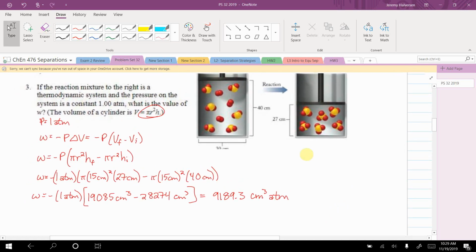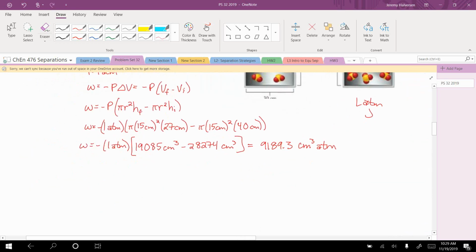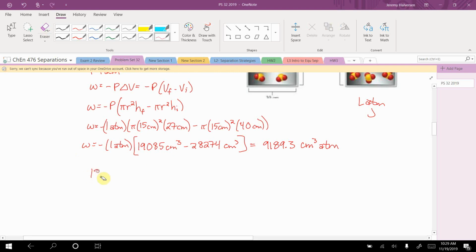Usually for work, the units we want are liter atmospheres or joules. So I'm going to convert this into both. 9189.3 centimeters cubed atmospheres. So then I could say, well, I know that there's 100 centimeters in 1 meter, so I use the length conversion of centimeters to meters, and then I just cube it all.